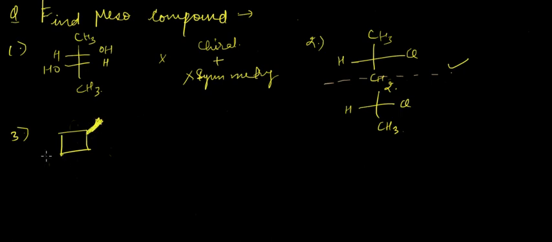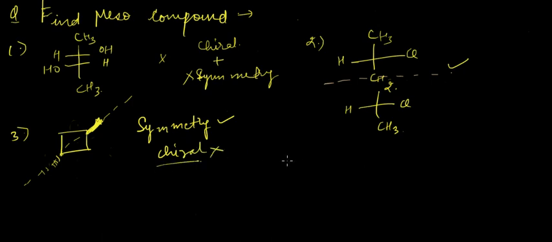This is above the plane and this is below the plane. So it is having surely a plane of symmetry like this. So plane of symmetry is there, but there is no chiral center here. Is it the right thing to say that there is no chiral center here?